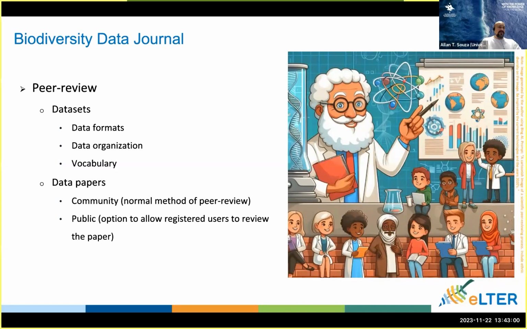In this part of the peer review process, they are actually looking at your data set and seeing if you are using the proper data formats, if the data is organized in a proper way, and if it's using proper vocabularies and ontologies.